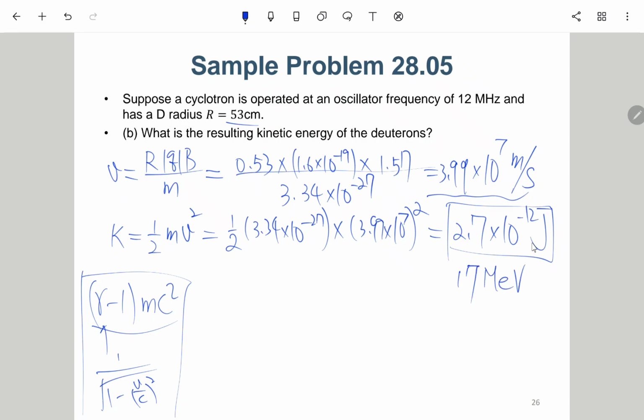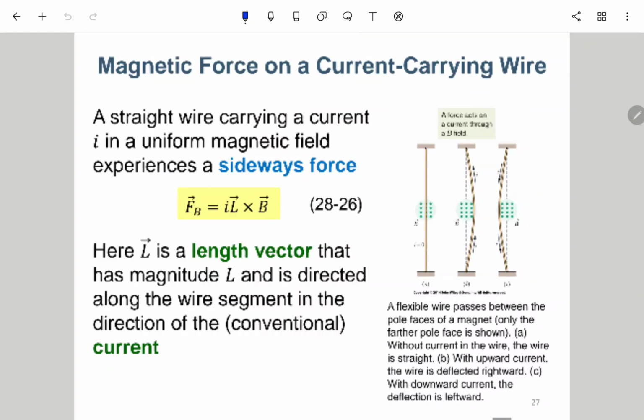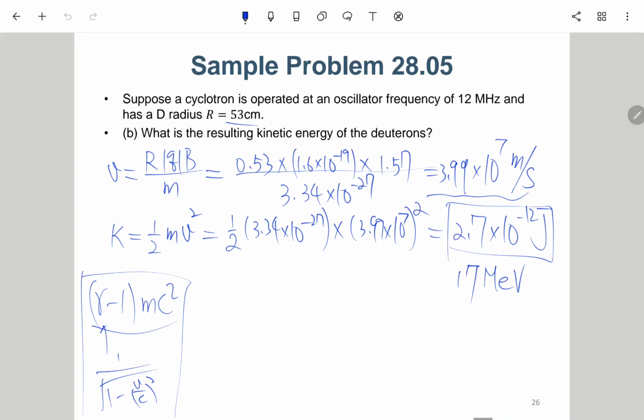You can just divide this by 1.6 times 10 to minus 19, so it becomes eV. So 17 mega eV, which is smaller than 50 mega eV. Okay, so any questions?